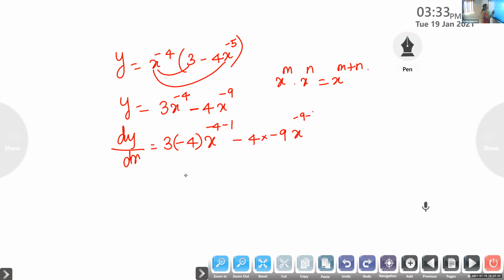So you'll get minus 12 x raised to minus 5. Minus into minus becomes plus 36 x raised to minus 10. So we can write this as minus 12 by x raised to 5 plus 36 by x raised to 10. Is it okay?